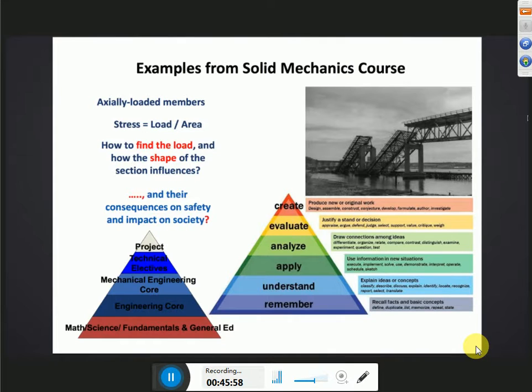Because once the bridge collapses, there's no connection between the two sides. Maybe there could be two islands, so now people have to go around. There may be perishable goods waiting to cross to the other side. They can't cross, so it's going to impact society. It's an inconvenience to society as a whole.